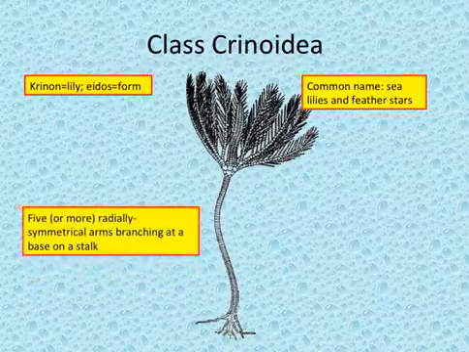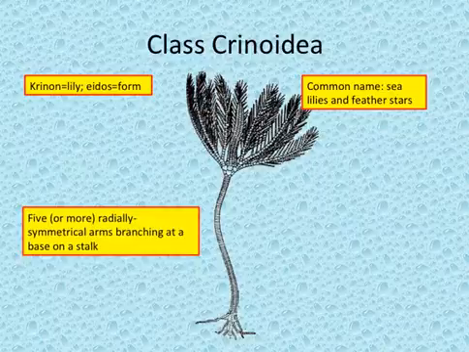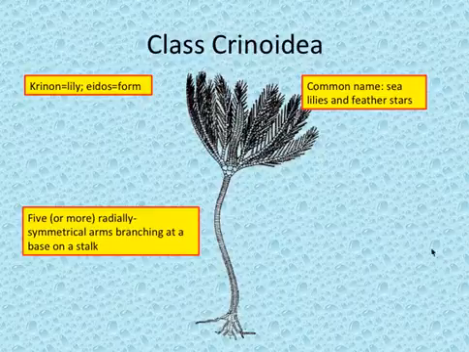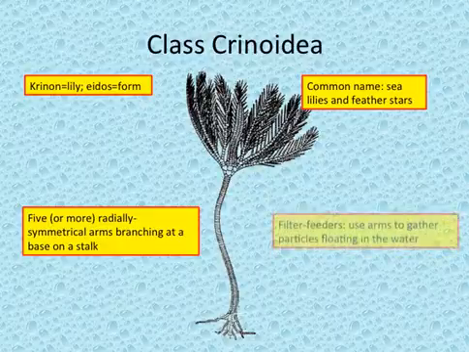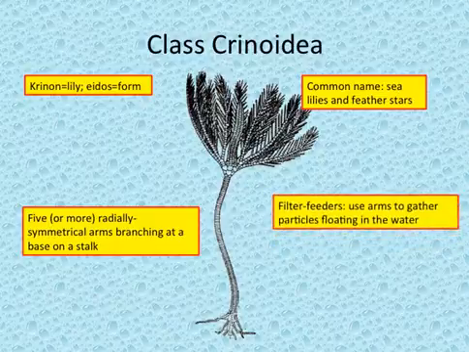And their defining characteristic is that they have 5 or more radially symmetrical arms branching at the base on a stalk. So in this picture, here is a stalk. Here's the base, and then the 5 or more radially symmetrical arms branching. They are filter feeders. They use their arms to gather particles that are floating in the water.